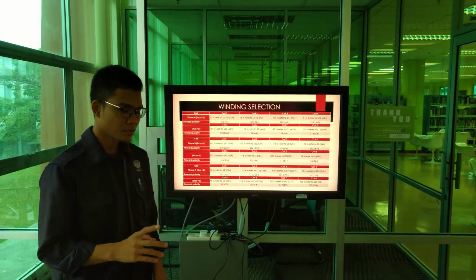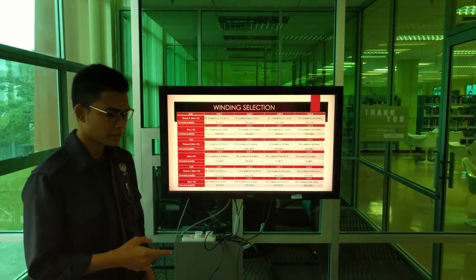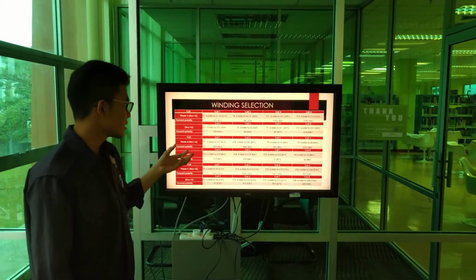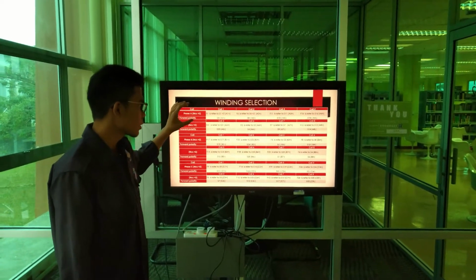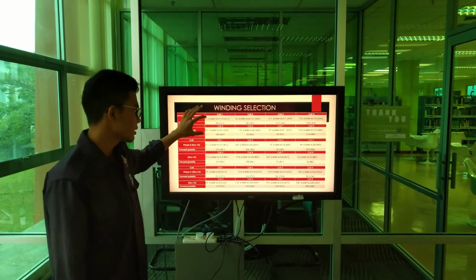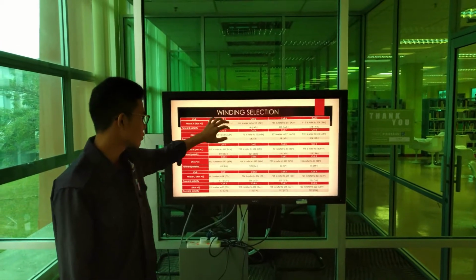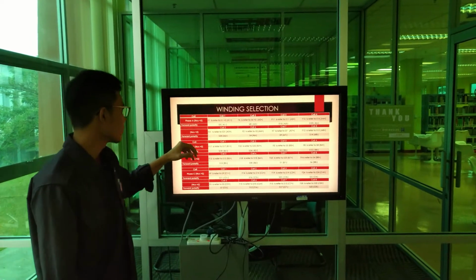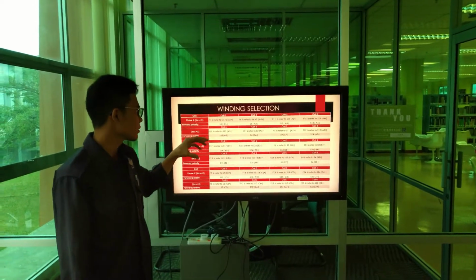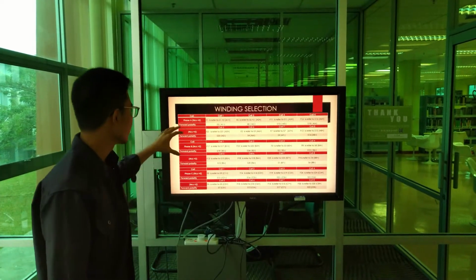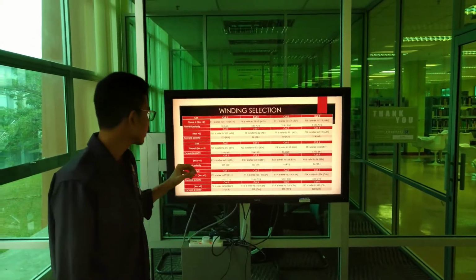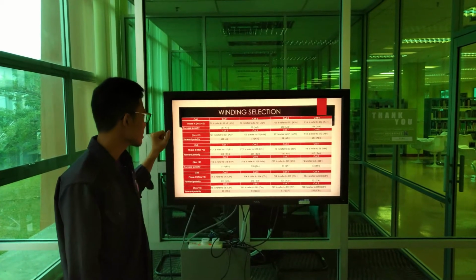Okay, next I'm going to present the winding selection. From our calculation, we get the coil section is 8: 1, 2, 3, 4, 5, 6, 7 and 8. Our project is overlapping, and we don't have any reverse polarity, and the NCS is 2.